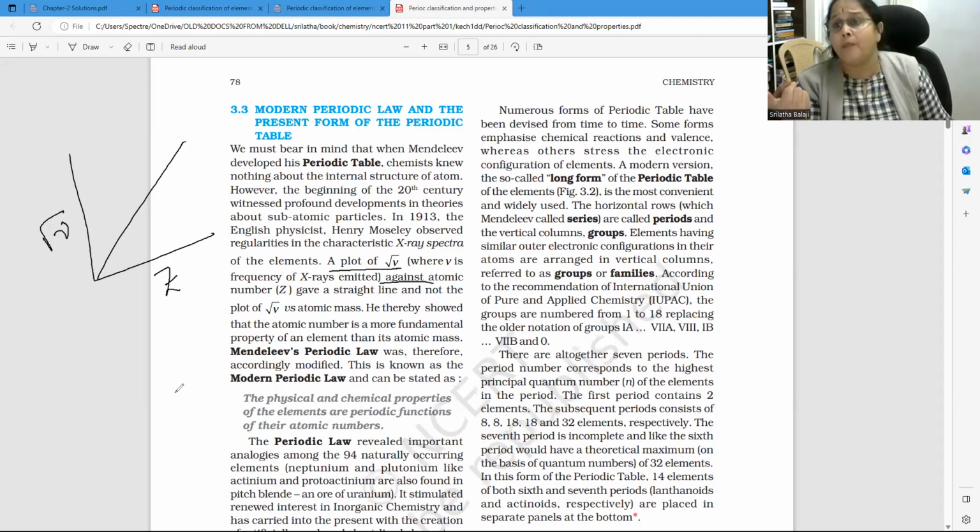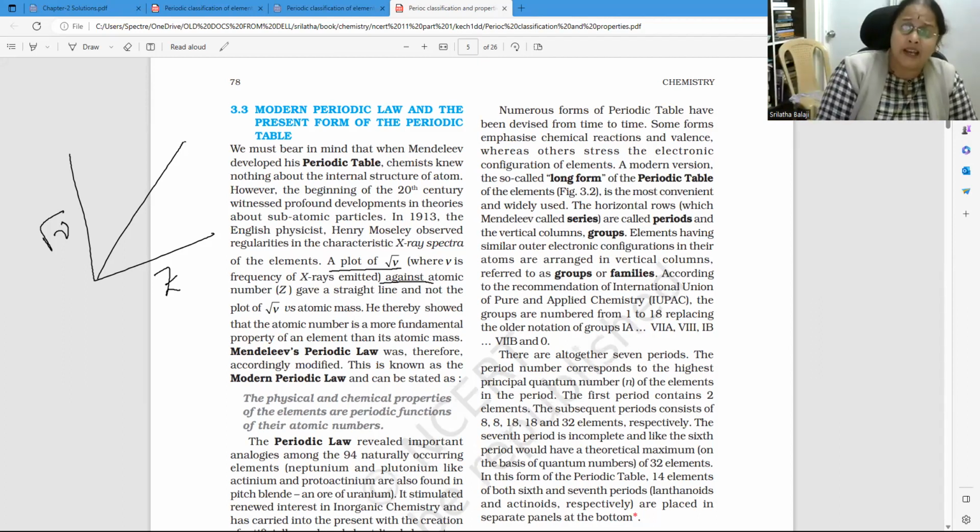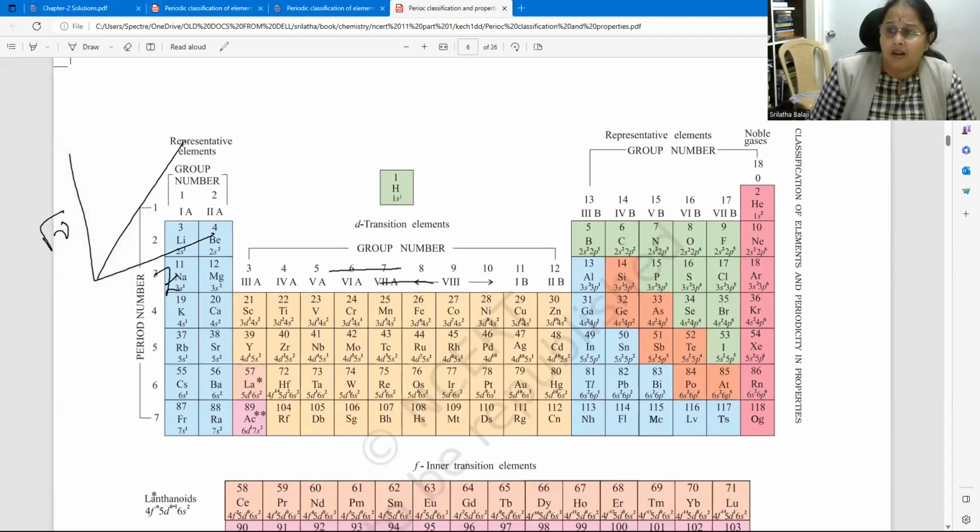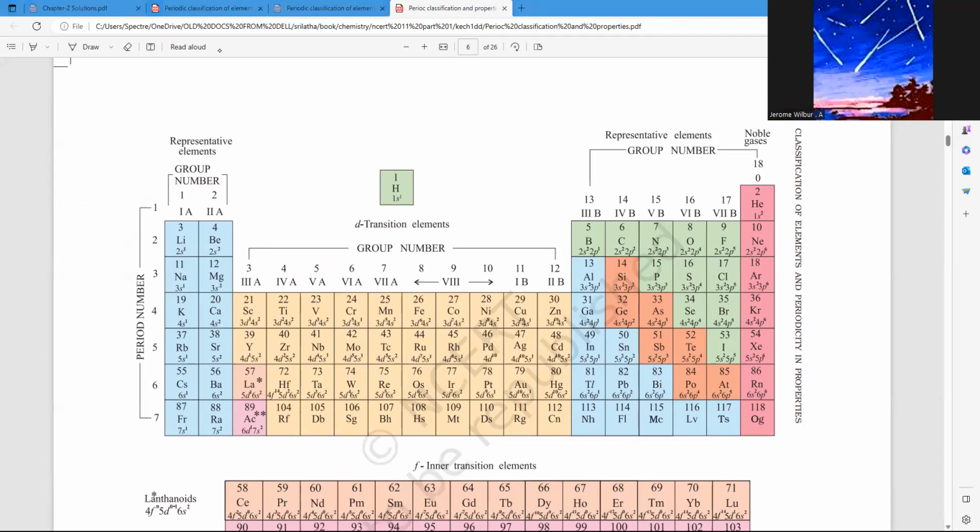So, physical and chemical properties of elements are a periodic function of what? Atomic number, not atomic mass. Okay. So, how many elements are there in this periodic table? 118 elements. Good.